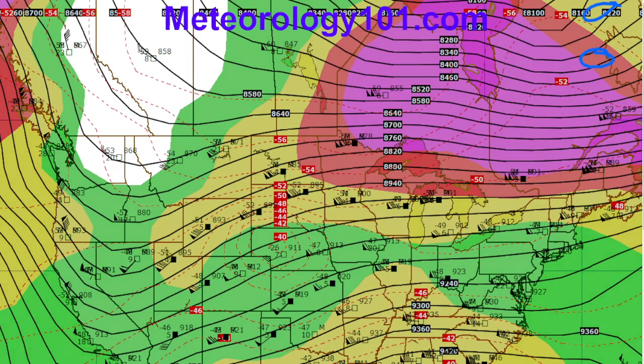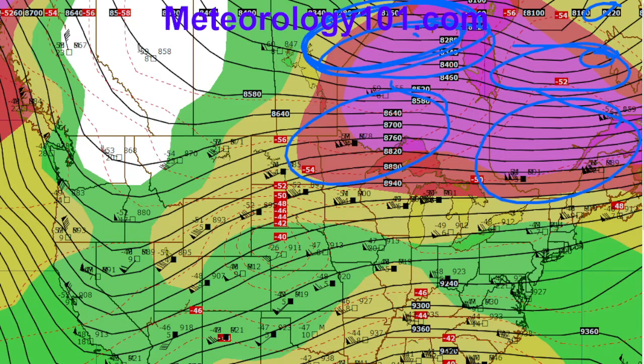I'm going to break this down to quadrants. So with the 4 quadrants of the jet max, you're going to have convergence aloft in the top left quadrant, the northwest quadrant of that jet max. You're going to have convergence.